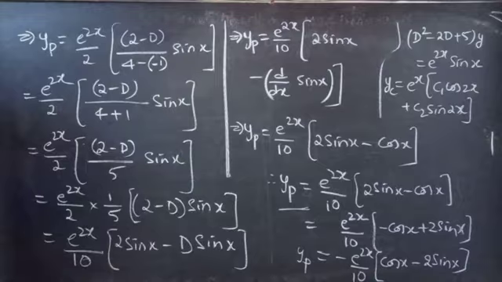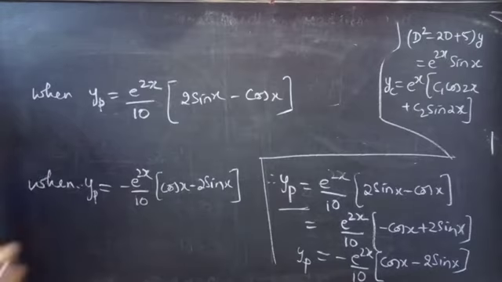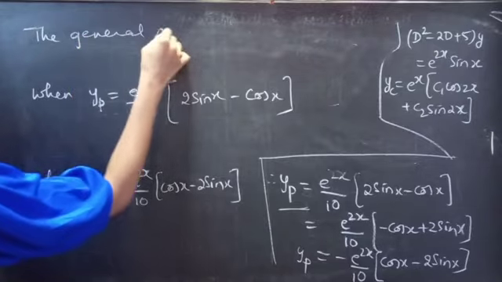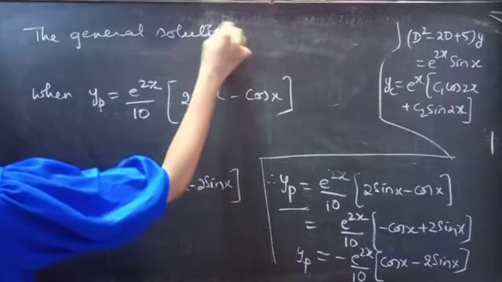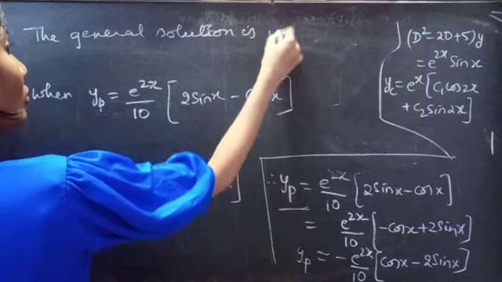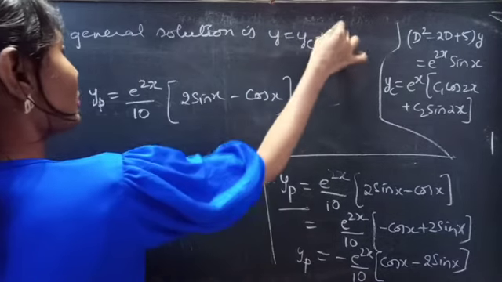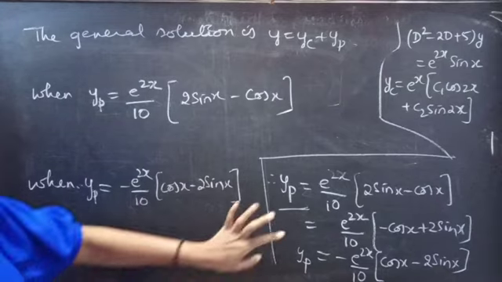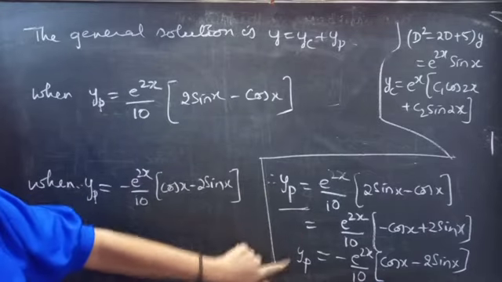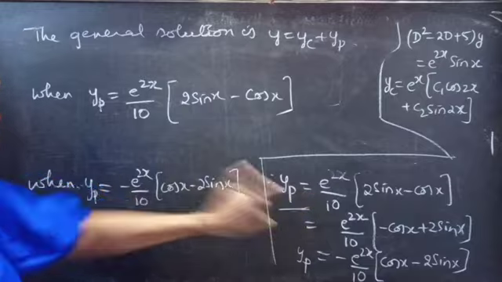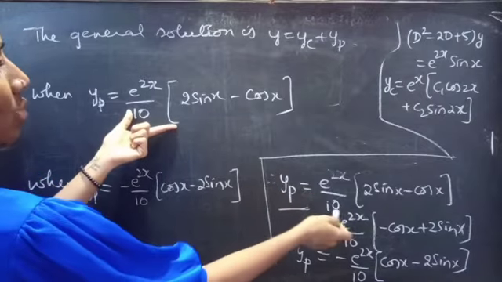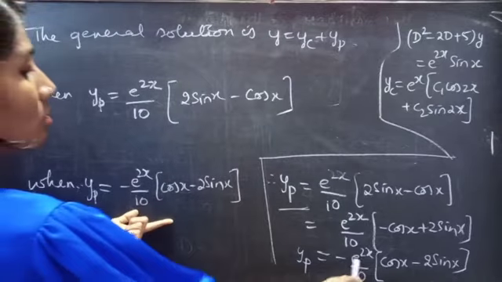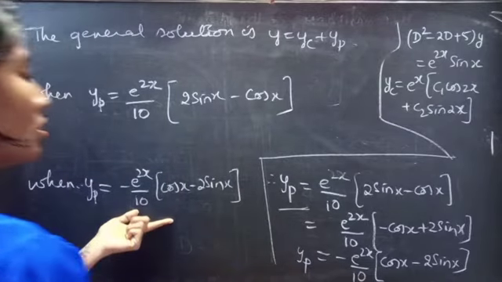Now let's write the general solution. We know that the general solution is given by y equals y_c plus y_p. Right? So here I'll show you in two cases. When y_p is e^(2x)/10 into (2 sin x minus cos x), and when y_p is minus e^(2x)/10 into (cos x minus 2 sin x).